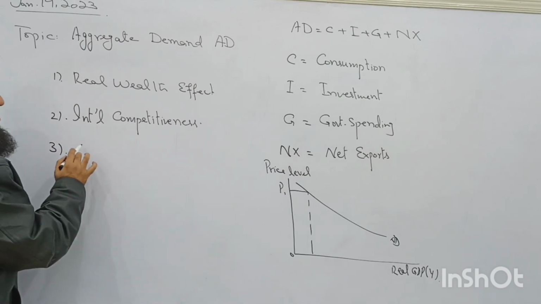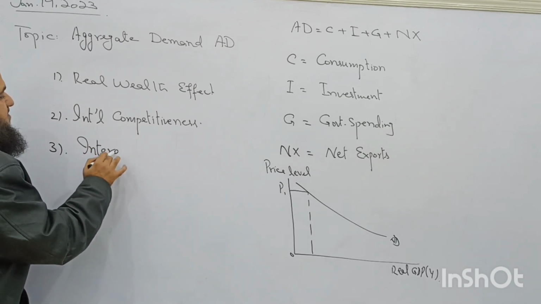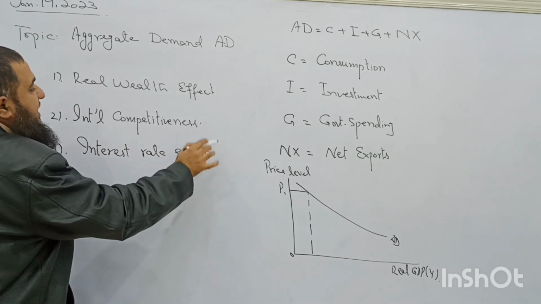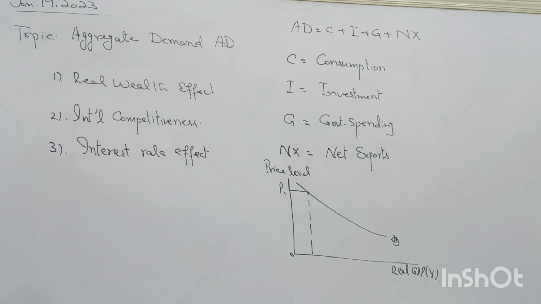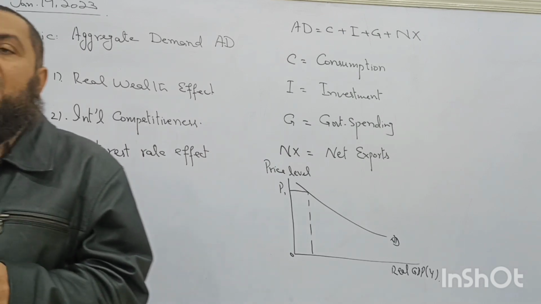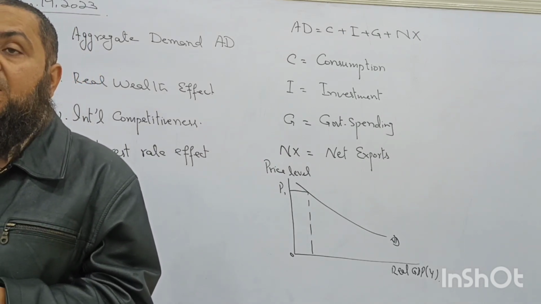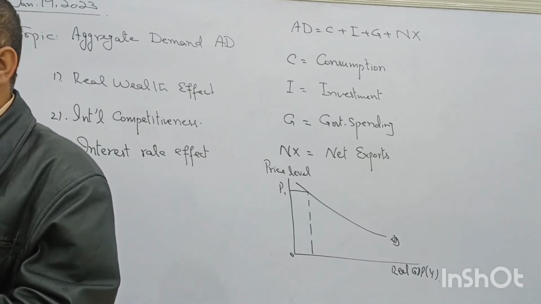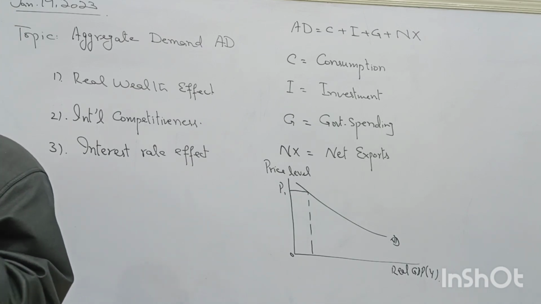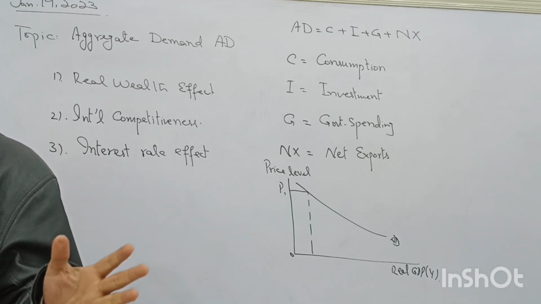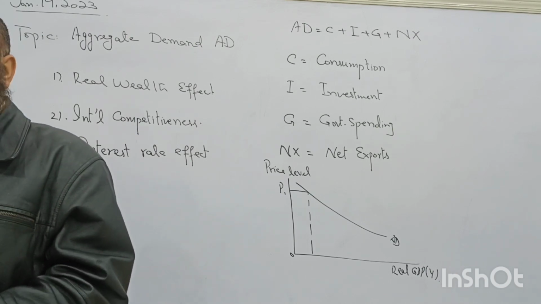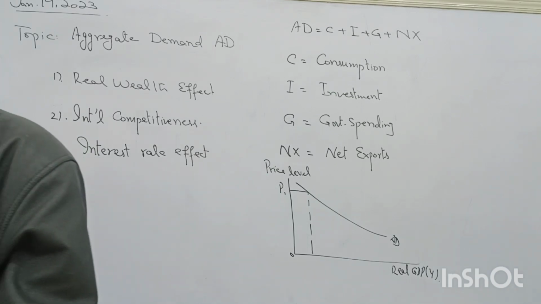Third reason is the interest rate effect. How will it show us that aggregate demand is downward sloping? When general prices are increasing, people will start borrowing to buy on installment or on credit. And when they borrow more loans, demand for loans will increase in the money market, and the lenders will increase the interest rate on that borrowed money.